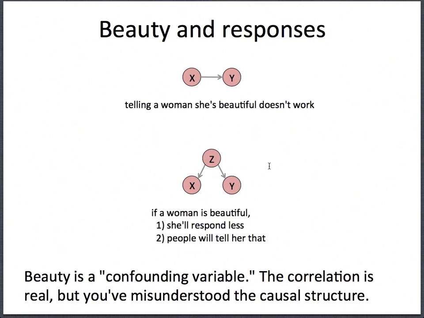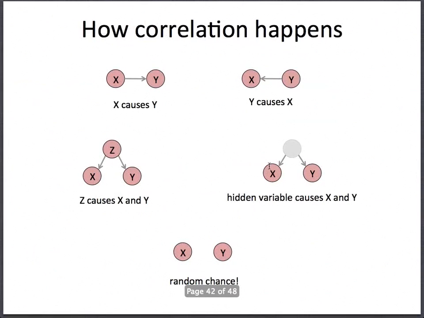So just because you have a pattern and you've proved the pattern isn't by chance, the next step is you're gonna want to tell little stories about cause, but you've got to make sure you understand the structure of the causes. And luckily, there's only 5 cases. That's it. So you have to figure out which of these it is. And that means you have to find evidence that it's not these other things.